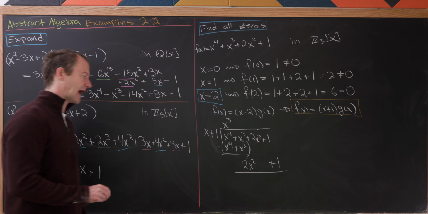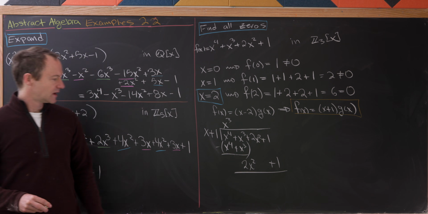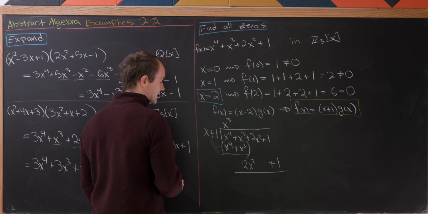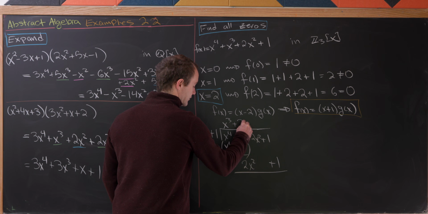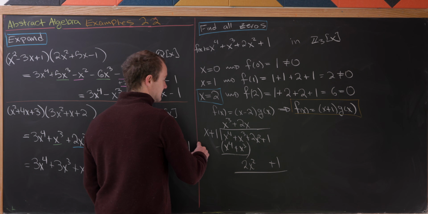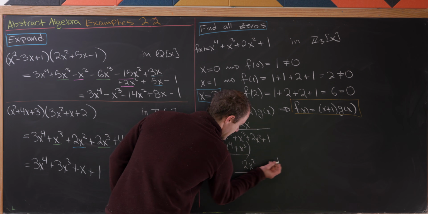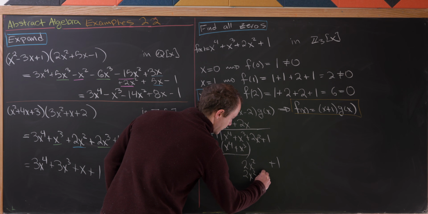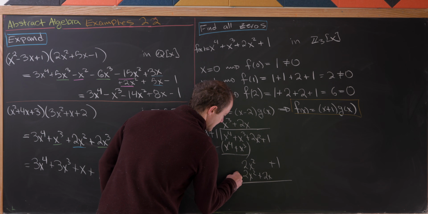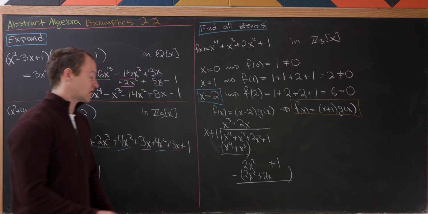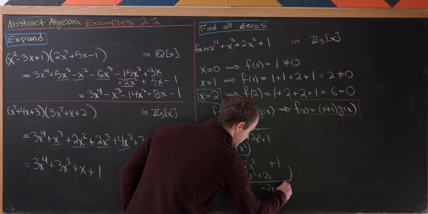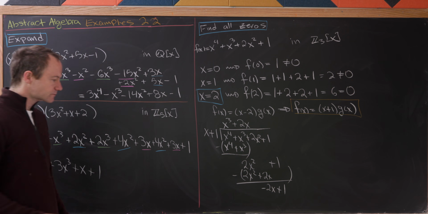I'm going to leave a little gap there for my linear term. In order to achieve this 2x cubed, we need a 2. So let's add plus 2x. So multiplying that will give us a 2x squared and then plus 2x. And then grouping and subtracting will give us a negative 2x plus 1.